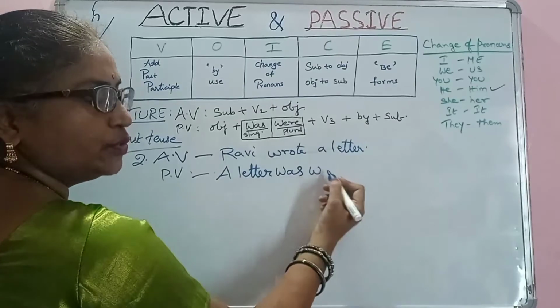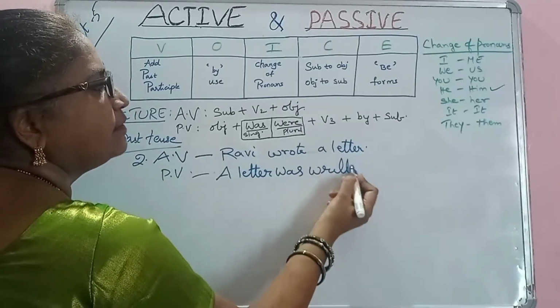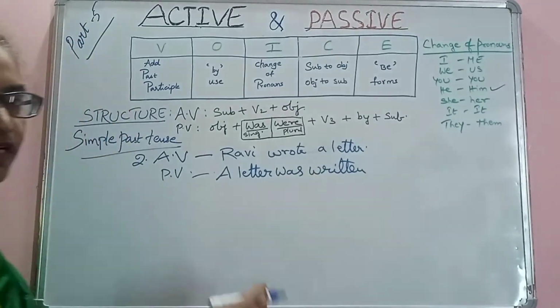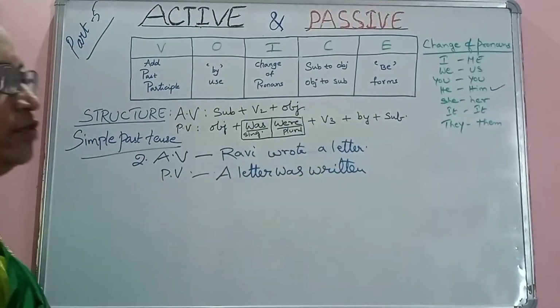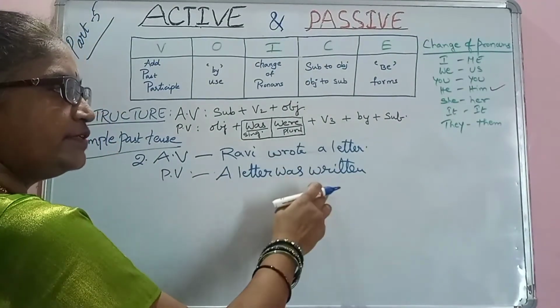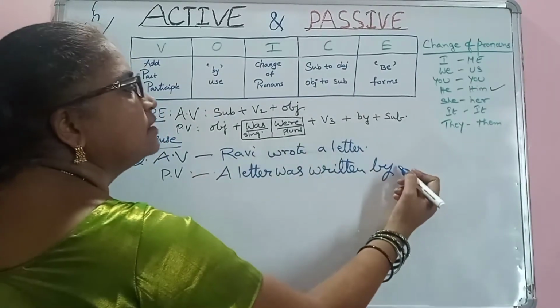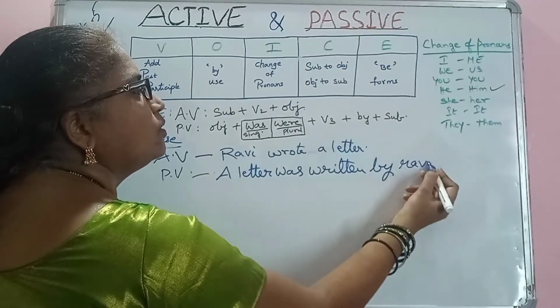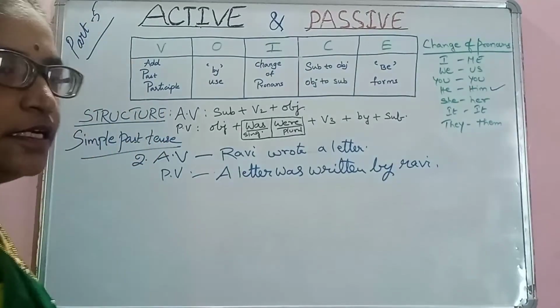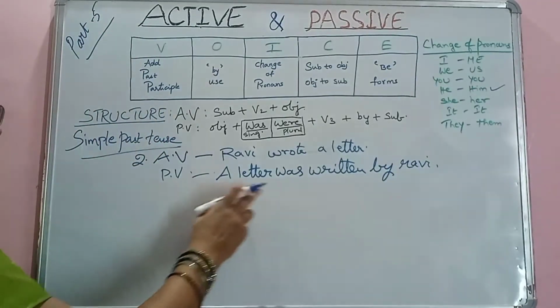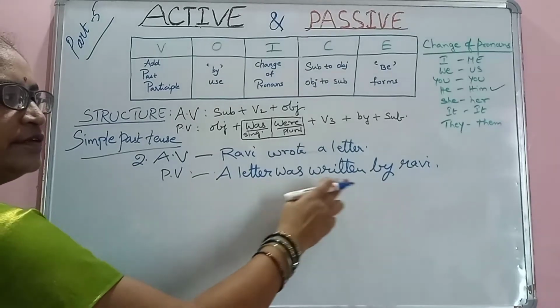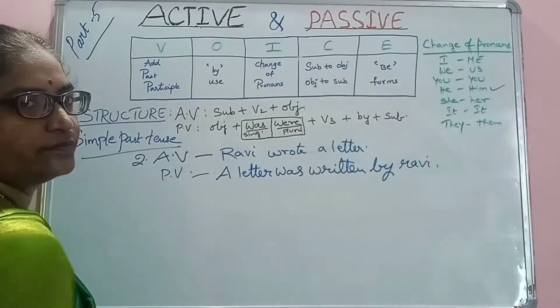Wrote has to be changed into the V3 form, written. So: a letter was written by, and the subject comes to the object place. See how the sentence has changed, in a very simple way: A letter was written by Ravi.